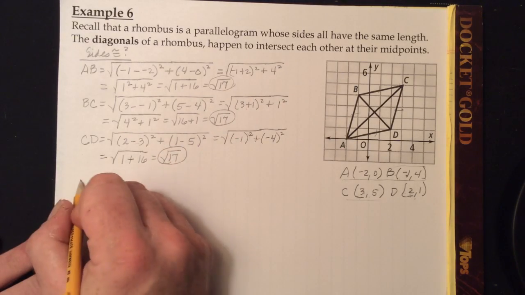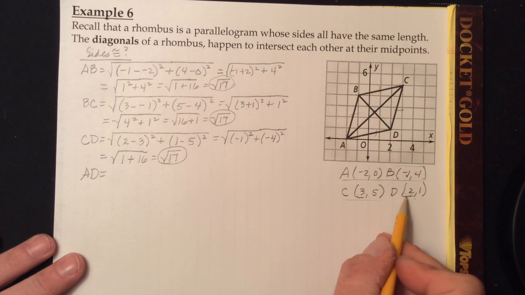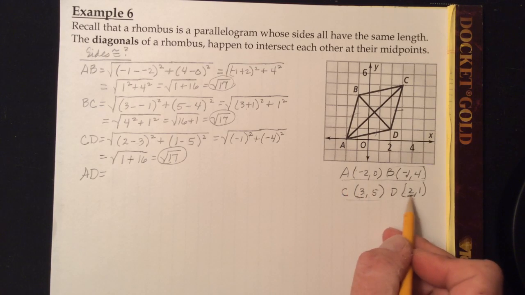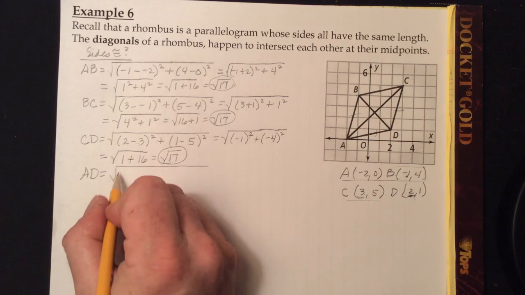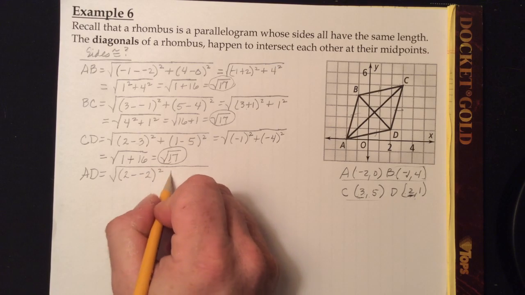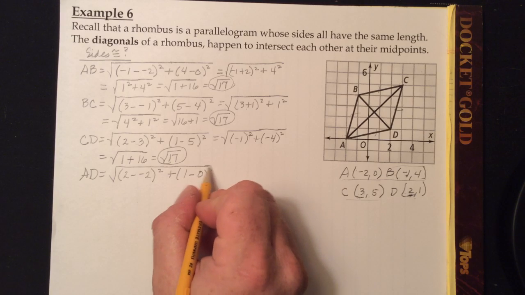Let's do one more, AD. The last two. It's right here. So I'm going to start with the D and move over to the A. So we have the square root of, using the distance formula, 2 minus negative 2 squared plus, and then for the y's we have 1 minus 0 squared.